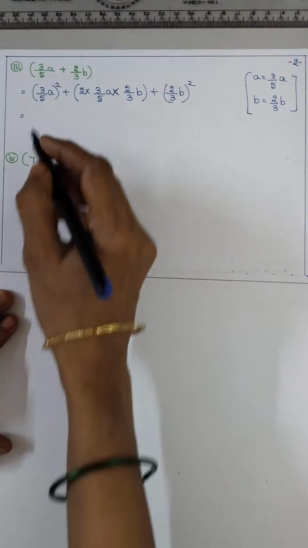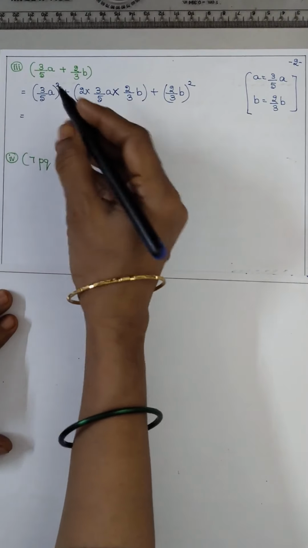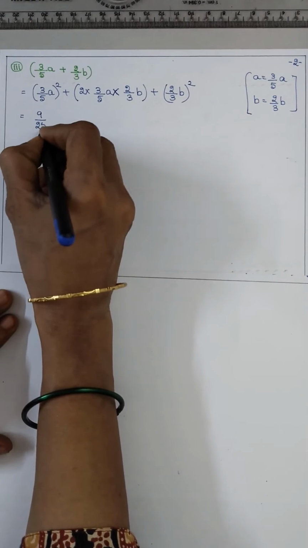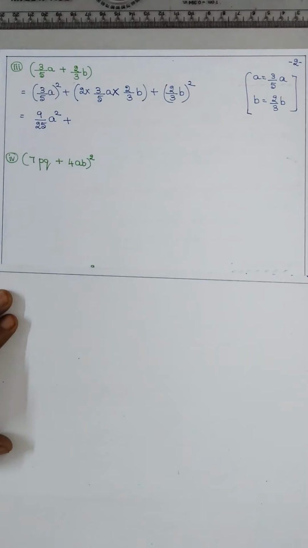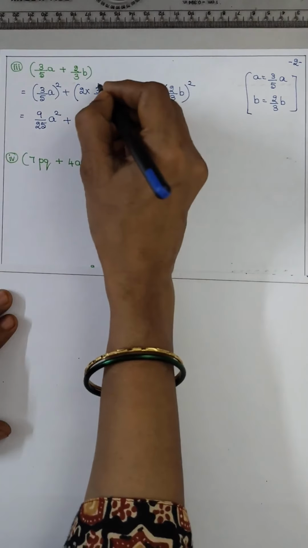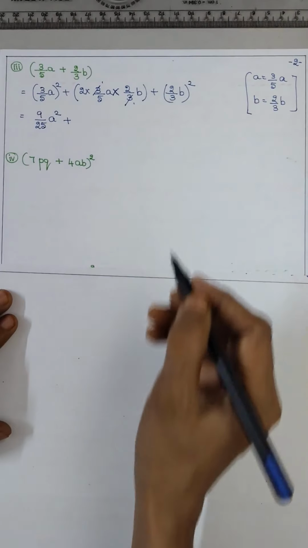Now numerator square, denominator square. 3 squared is 9, 5 squared is 25, a squared plus. Now this 3 and 3 get cancelled, isn't it?